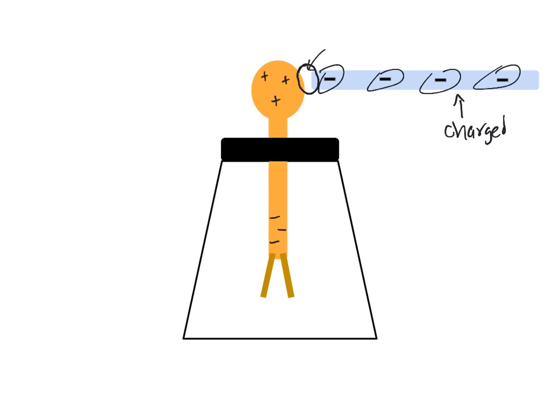Of course, not all of the electrons will move, and so I'm going to still have some positives and some negatives kind of around the rest of my electroscope. And what's going to happen is these negative charges are going to travel down the rod into these gold foils, and my gold foil will be repelled from each other because remember, like charges repel.